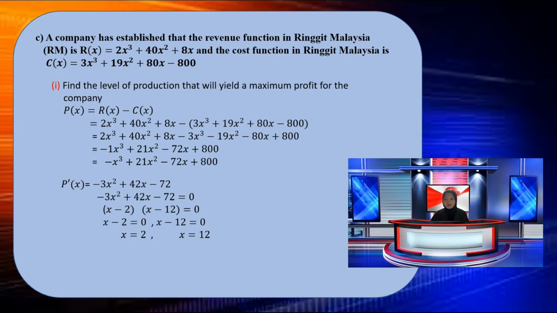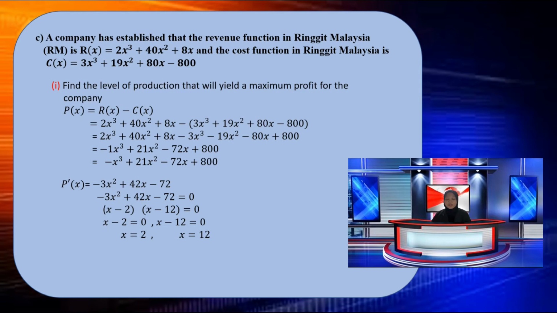C. A company has established that the revenue function in Ringgit Malaysia is R(x) equal to 2x cubed plus 40x squared plus 8x, and the cost function in Ringgit Malaysia is C(x) equal to 3x cubed plus 90x squared plus 80x minus 800.